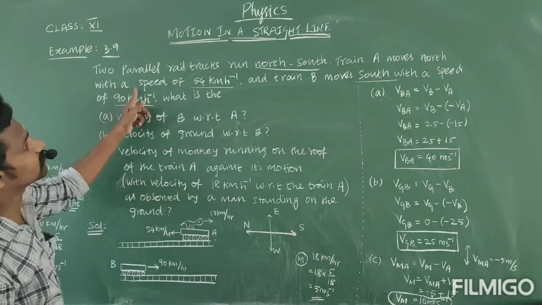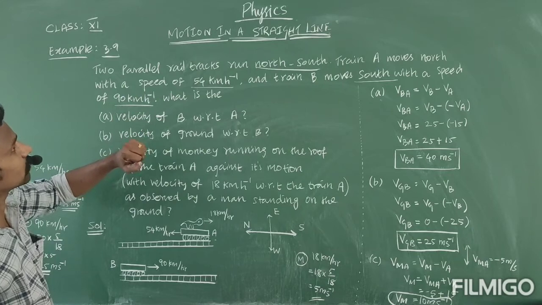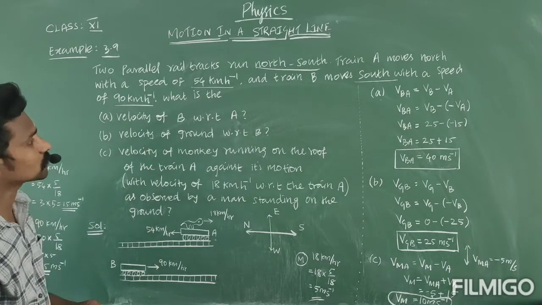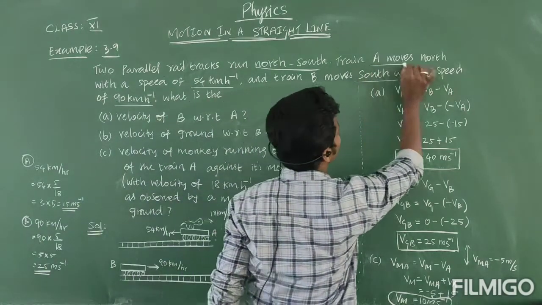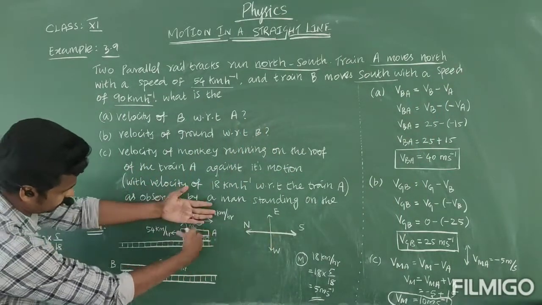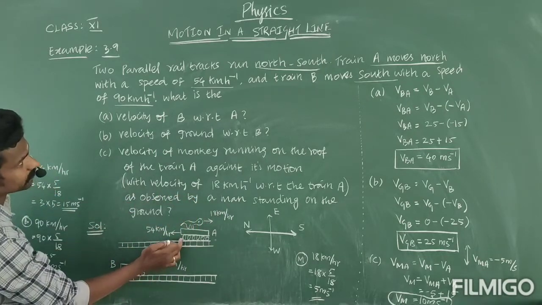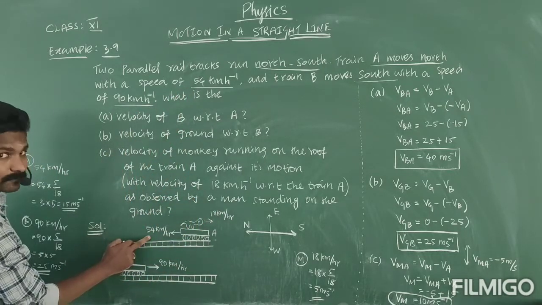Train A is moving towards the north direction, with the speed of 54 km per hour.